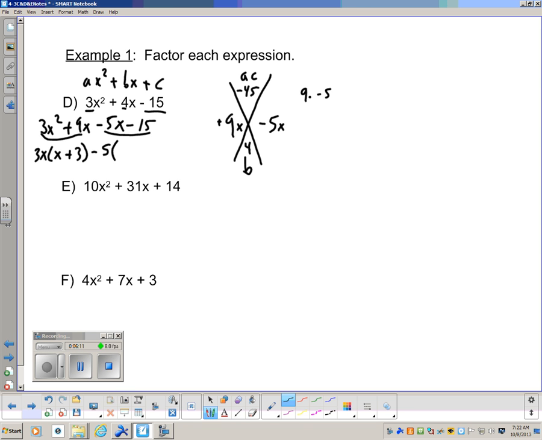I need to take a minus out no matter what, but they do really share a minus there as well. Minus 5 times x plus 3, because negative 5 times 3 gives me negative 15. These two terms now share an x plus 3. What am I left with? 3x minus 5.